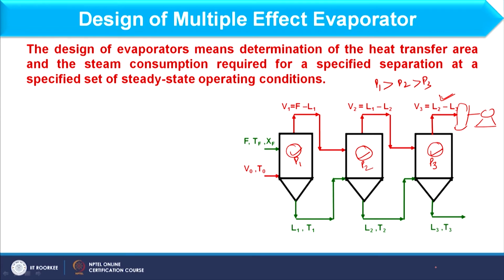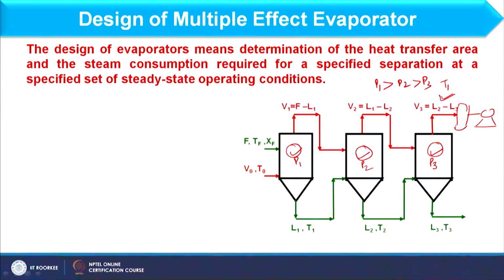As far as pressure variation is concerned, we have already discussed that, and usually we consider that effects are at saturation condition. So, as with the pressure, in a similar way we can observe the temperatures also. T1, which is the first effect temperature, should be more than T2, the second effect temperature, and that should be more than T3, the third effect temperature, right.